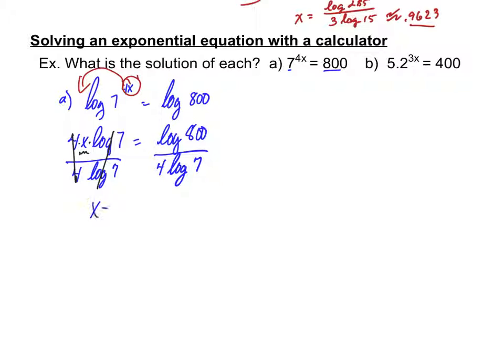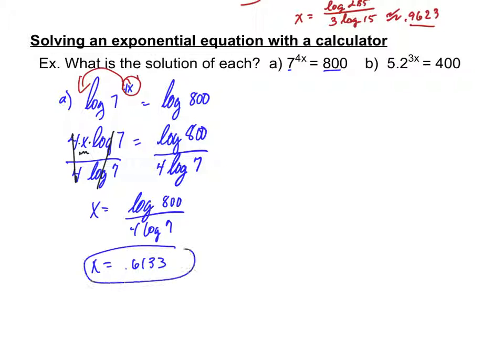So I'm left with x equals the log of 800 over 4 log of 7, or x is equal to 0.6133. And there you have it. You have solved for your x value with a calculator, exponential equation.